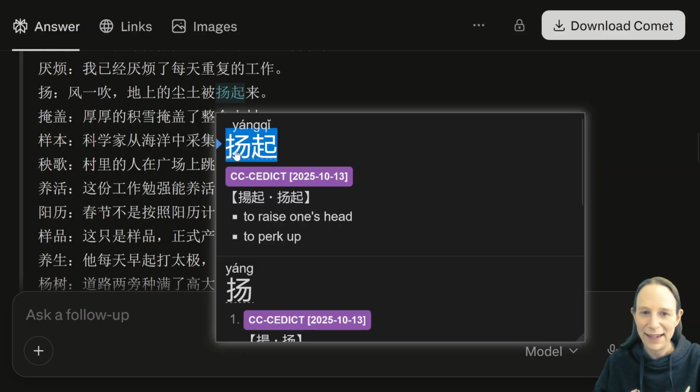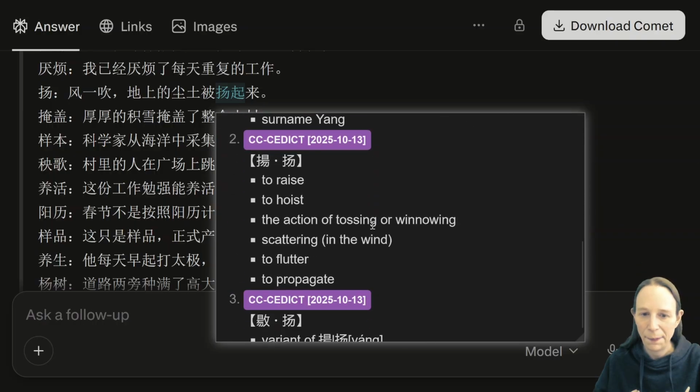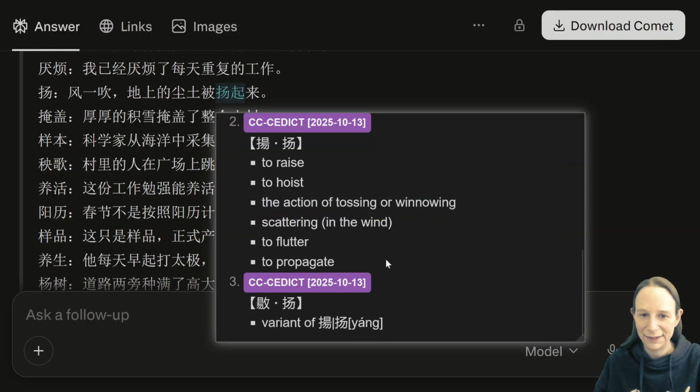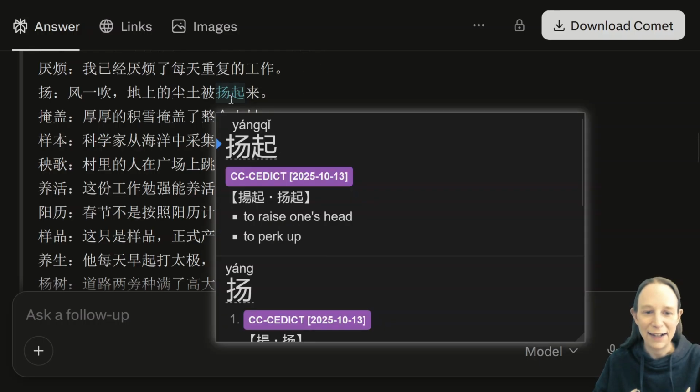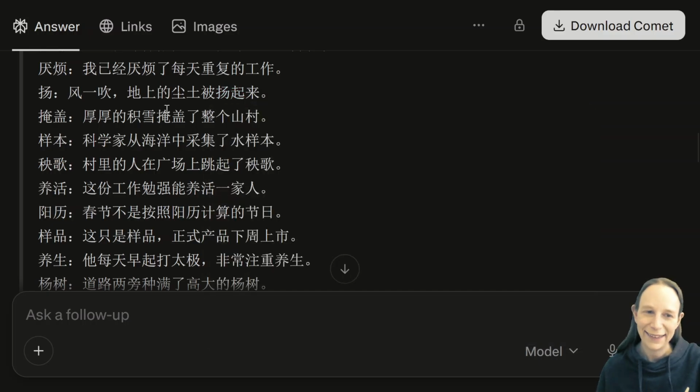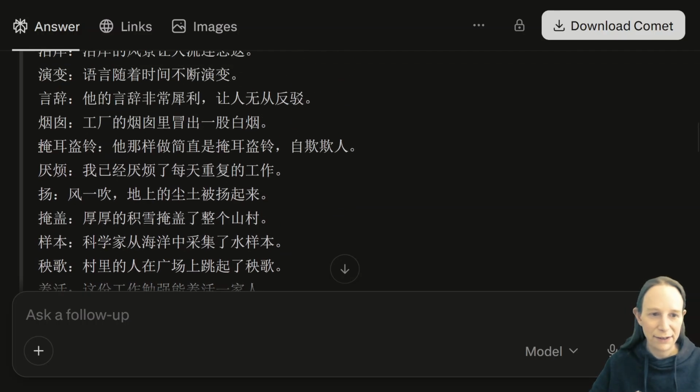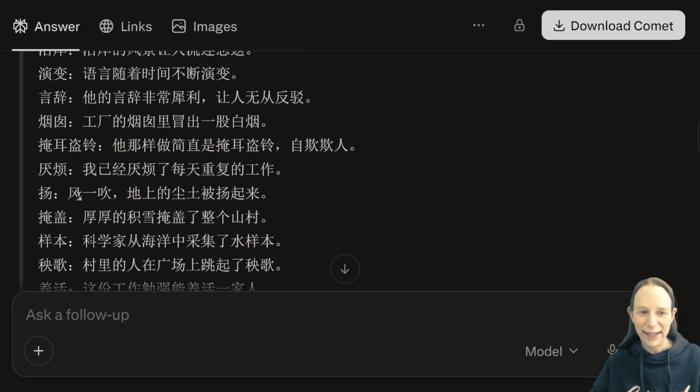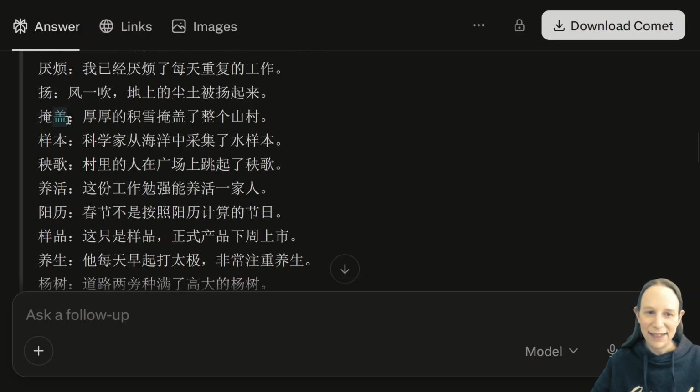So maybe, yeah. I don't know. 扬 has those meanings. I don't think I want to go through it all in too much detail. 掩盖. So we saw yan here, so cover your ears. Gai means cover as well, right?